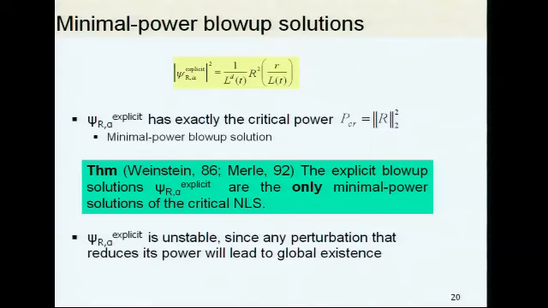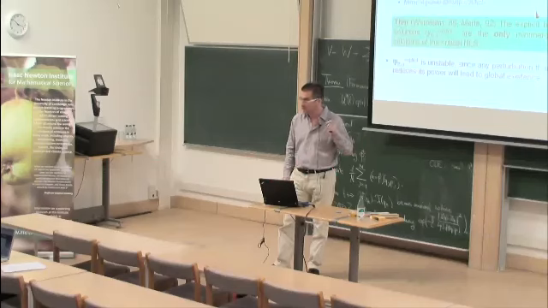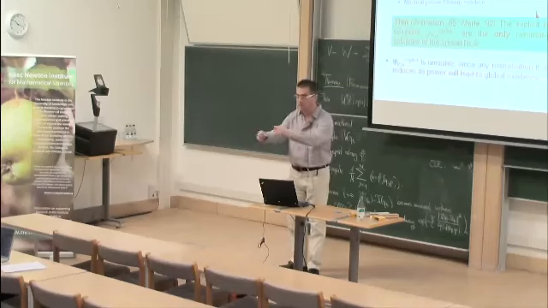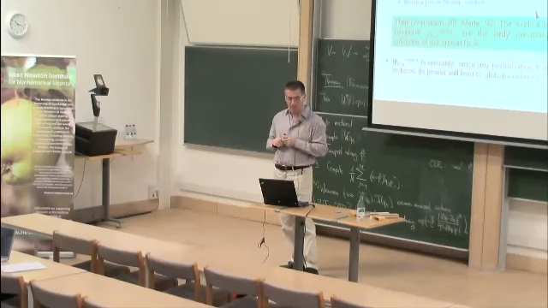If you take the absolute value of this explicit solution, you see that it's the R squared function modulated by 1 over L to the D. So it has exactly the same power as the R profile. It has exactly the critical power. And it goes to a delta function exactly at the singularity.